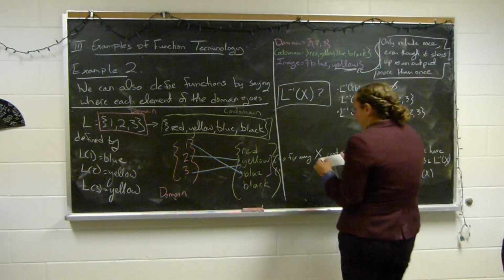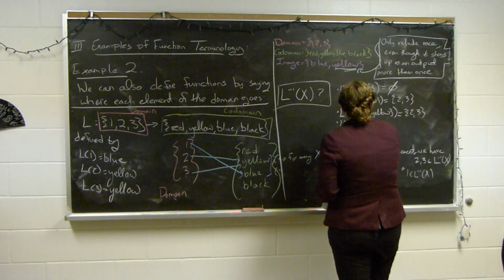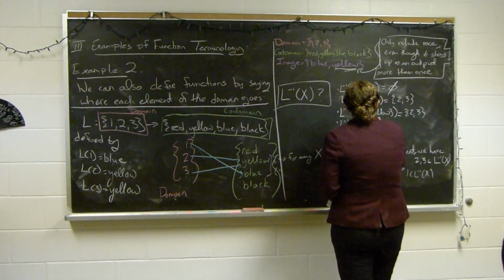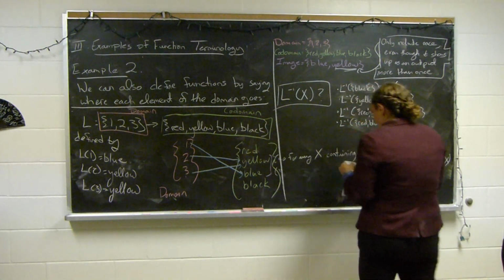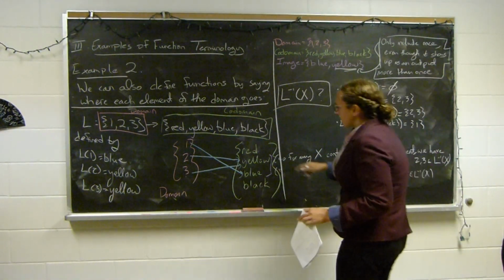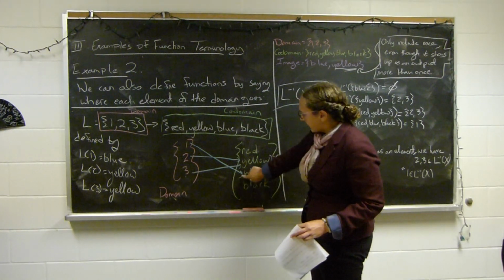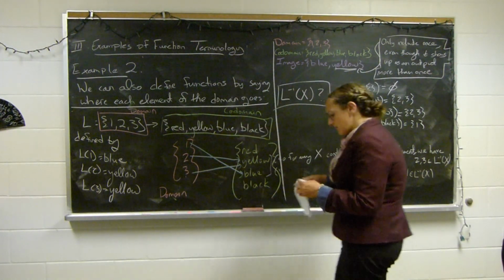Okay, let's try red, blue, and black. Here I would get the set just containing 1, because nothing maps to red, nothing maps to black, and I look at blue and 1 maps there.